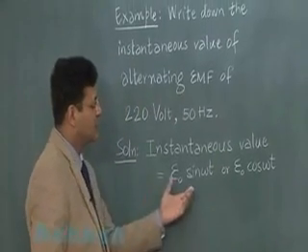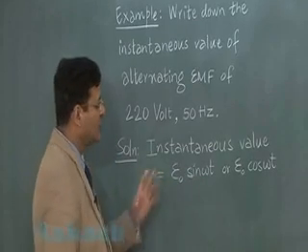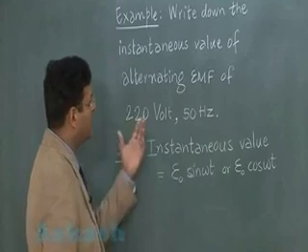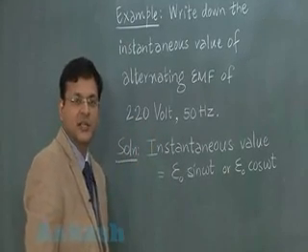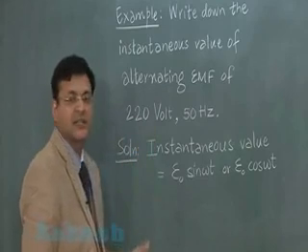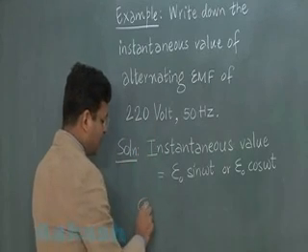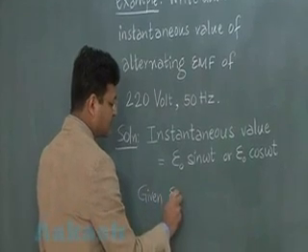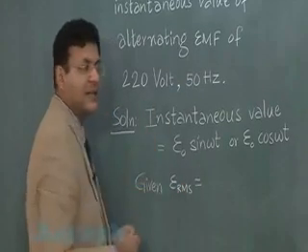It is more conventional to write in terms of sine rather than in terms of cos. Now you remember that this E naught is the peak value. अगर आप यहां पे 220 वोल्ट की बात करें, as I had said that if nothing is mentioned in the question, then you happen to consider that value to be the RMS value. So here you have been given E RMS, जो यहां पे आप 220 वोल्ट का डेटा देख रहे हैं.